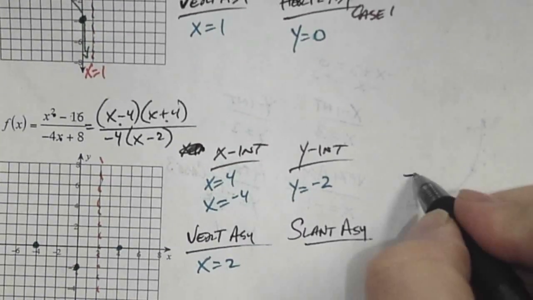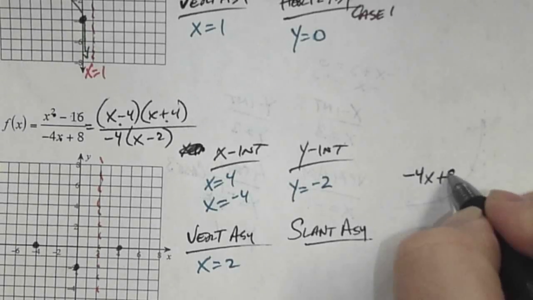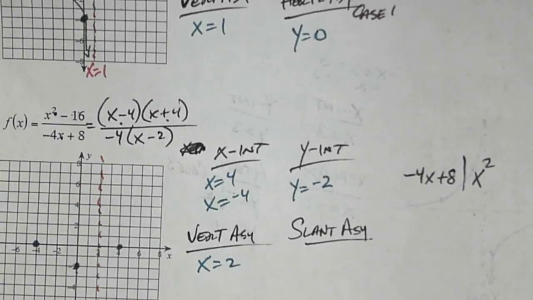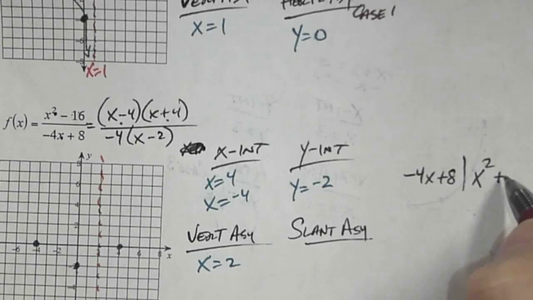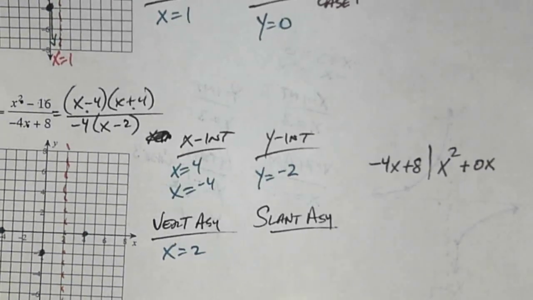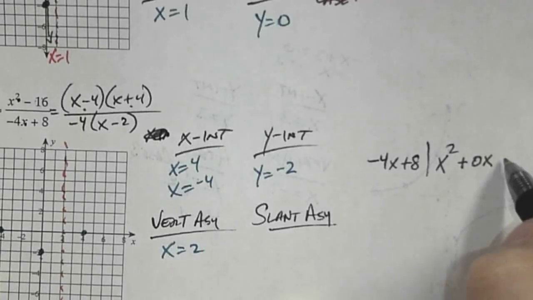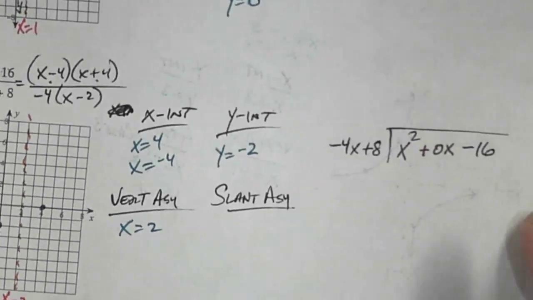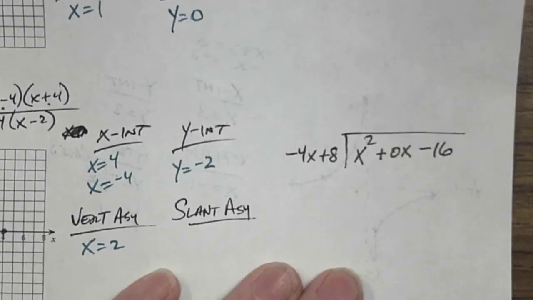All right. So we take negative 4x plus 8 into x squared plus 0x minus 16. Remember, you have to account for all the powers of x to make it look good.